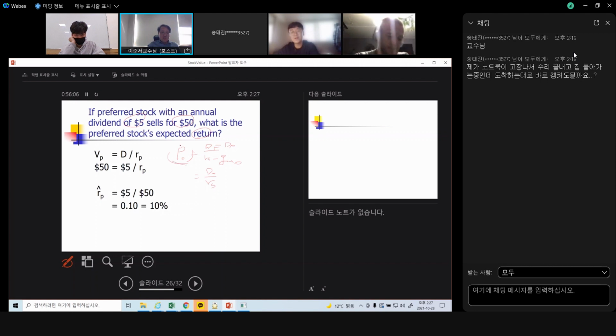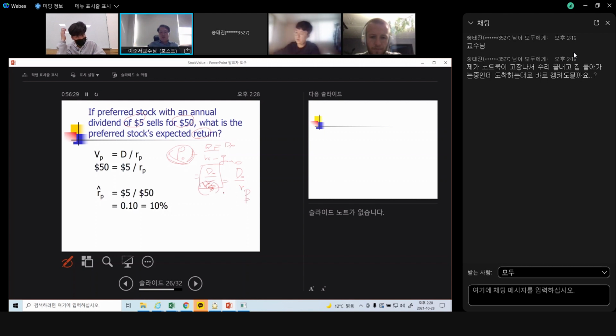So when you figure out the intrinsic value of the stock, if the dividend is constant, then we figured out this one, right? But in more exact terms, as I explained in the first part of this class, it's not RS, it's D0 divided by RP, the required return of the preferred stockholder.